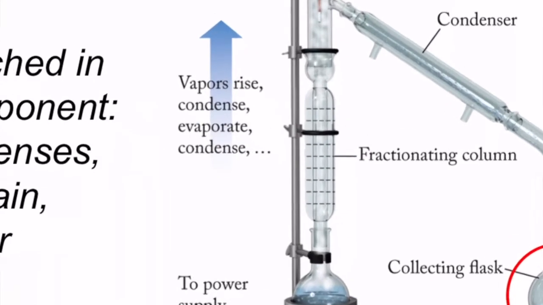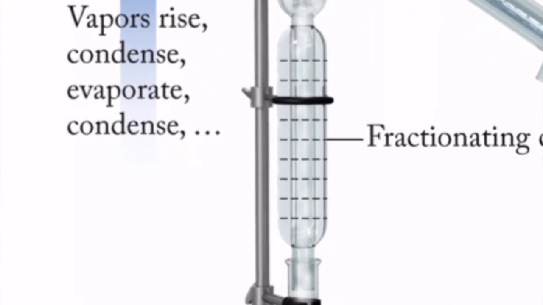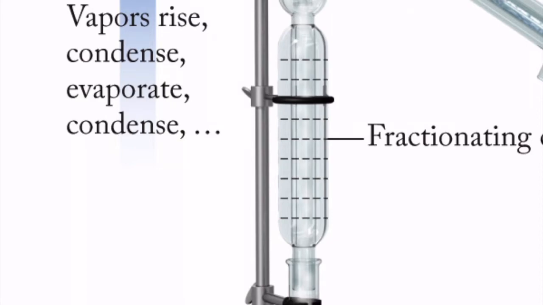So I'm going to zoom into this fractional distillation column here, and I'm going to draw little plates along these dotted lines. This is sort of what it would look like if you had an actual fractionating column.